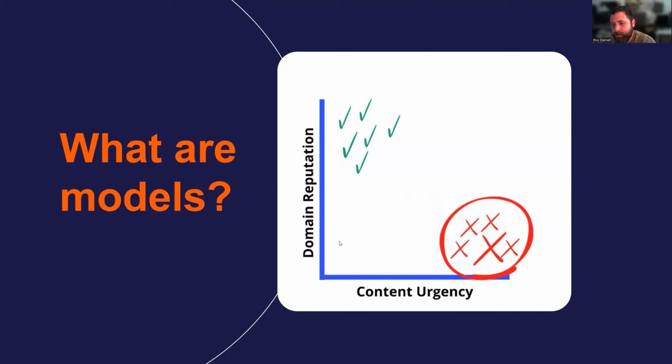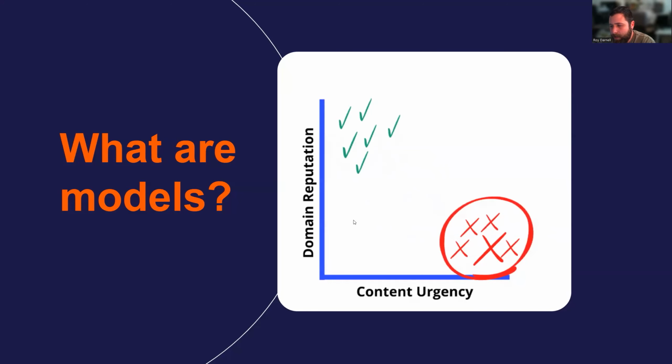So the higher the instance is on this graph, the better the reputation is of the domain that sent this email. So if it's an organizational email, it probably has very high reputation. But if an attacker just opens a domain and only sends attacks from it, it will have a very bad reputation. Same goes for content urgency.